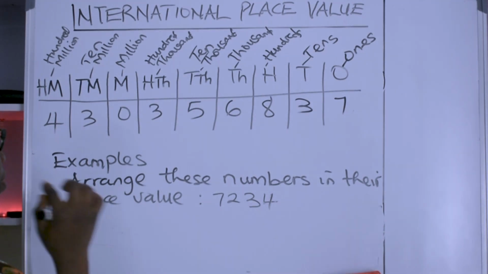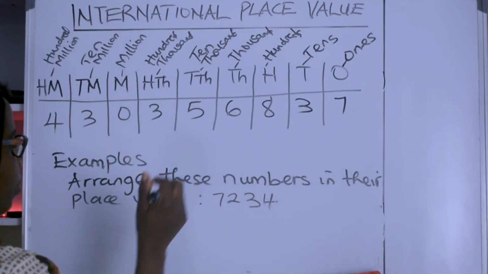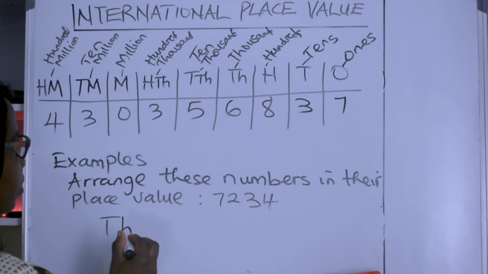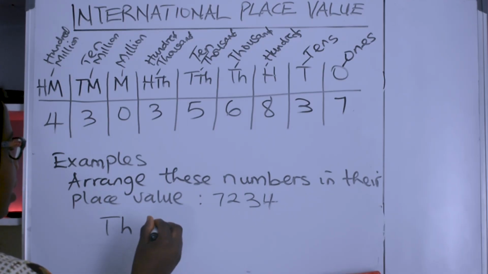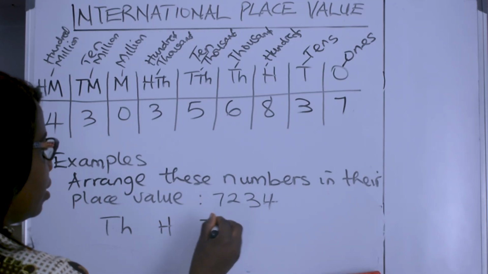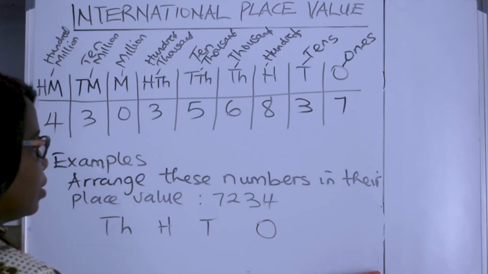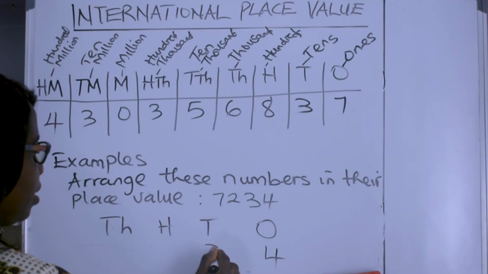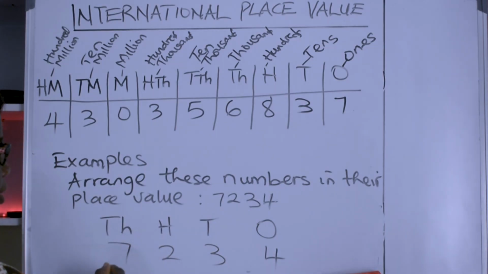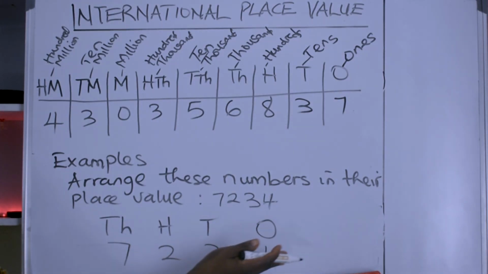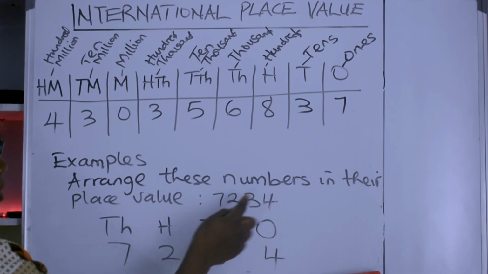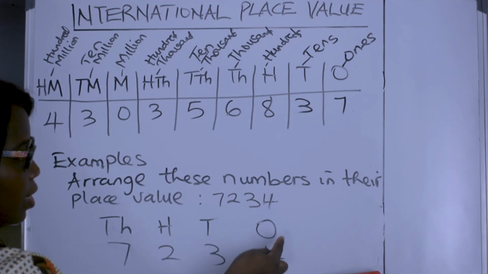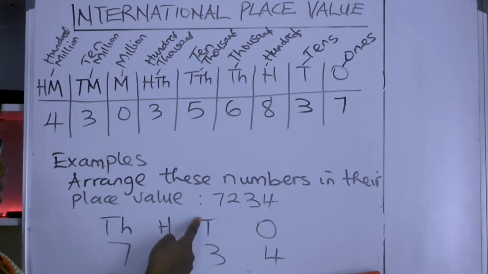We have a 4-digit number: 1, 2, 3, 4. So we start from the 1,000. You can start from the ones, 100, tens, and ones. So we arrange the number. Always start from here: 3, 2, and 7. So these are the place values of this number. 4 is ones, 3 is tens, 2 is 100, and 7 is 1,000. It's as simple as that.